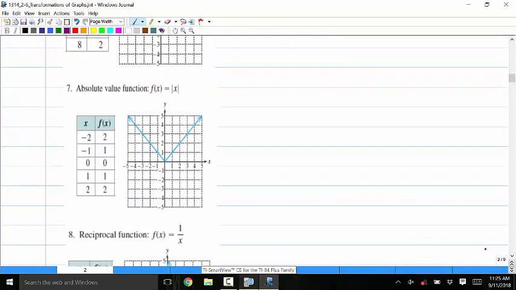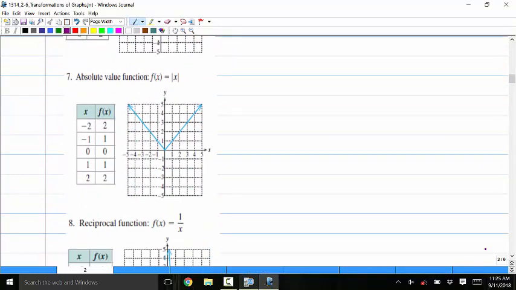We get to dance. Y equals the absolute value of x. 0, 0, 1, 1, negative 1, 1. And it's a V. It's a V. Those are your points that you need to know. Okay, domain and range.